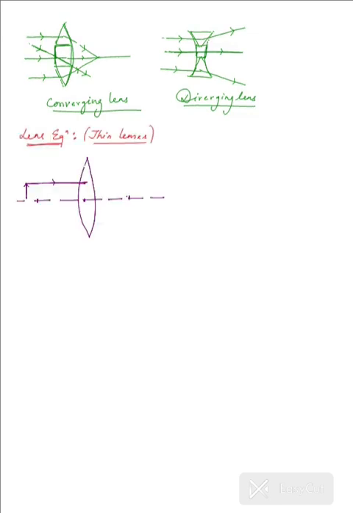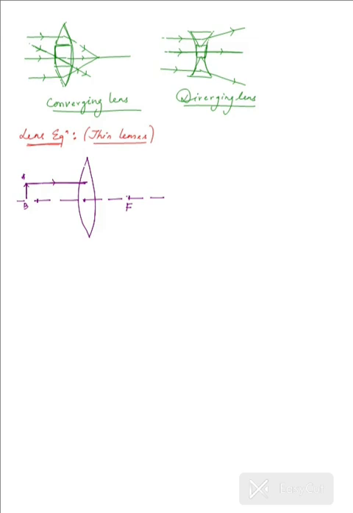So here's the case of refraction through a convex lens, where we have an object AB, and we have considered the focus. Now the focus is considered on the right hand side, where the light ray which is incident parallelly will get refracted through, because the parallel light rays, as you remember, pass through the focus.